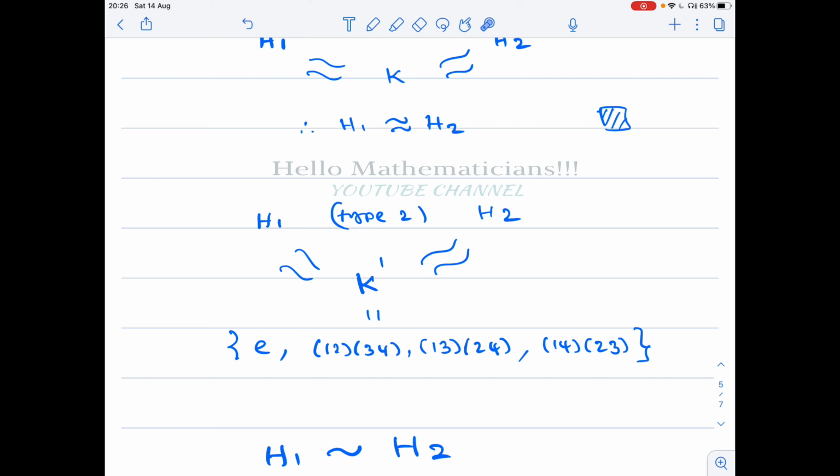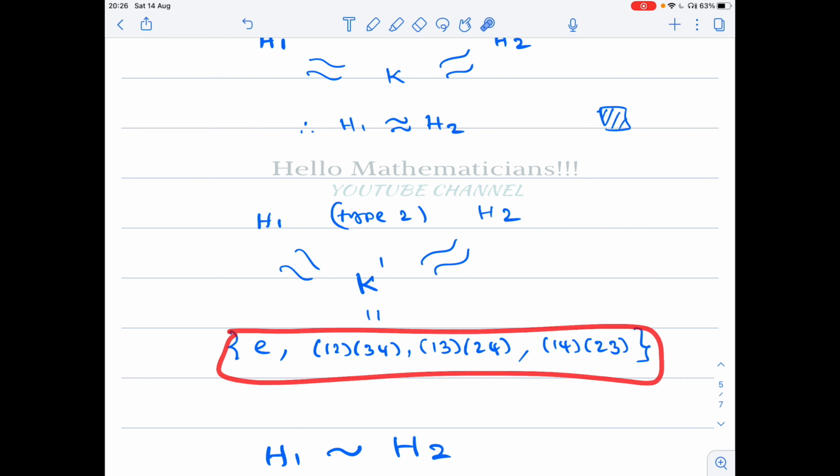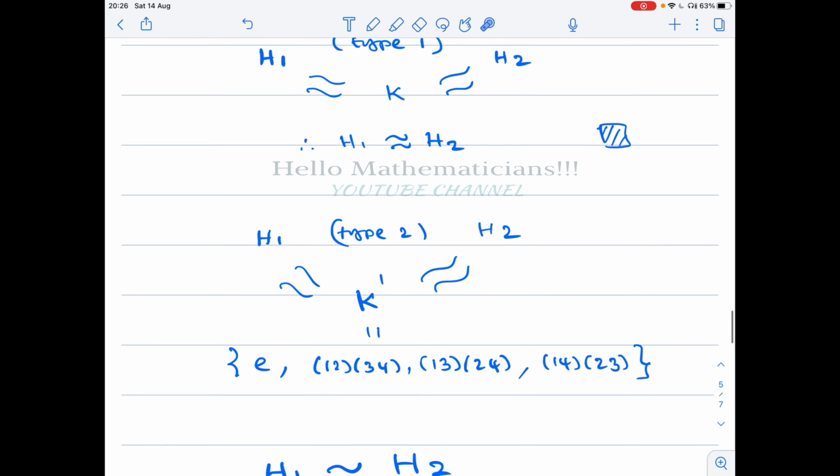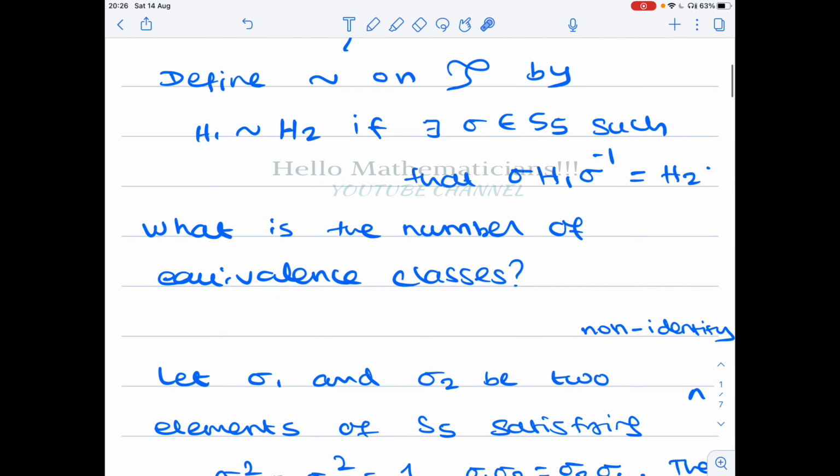What is K prime? K prime is this subgroup. So note that this is a type 2 subgroup, meaning all of them are products of two cycles. Okay. And we claim that you take any type 2 subgroup, it will be conjugate to this K prime. Now since conjugacy is an equivalence relation, using that you get that any two type 2 subgroups are conjugate. Okay, therefore the number of equivalence classes, the answer, is 2.